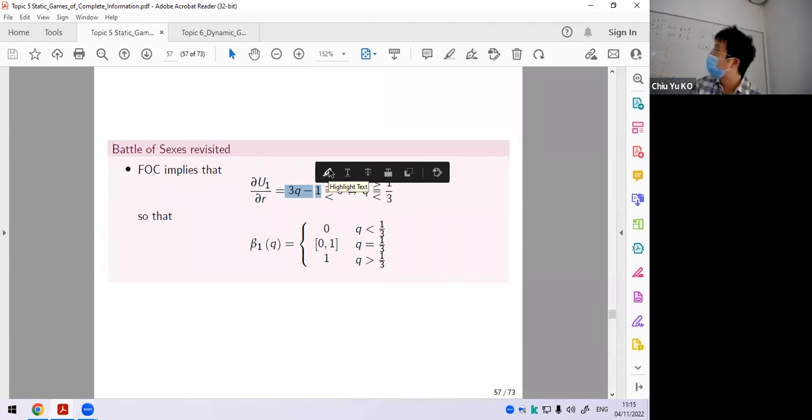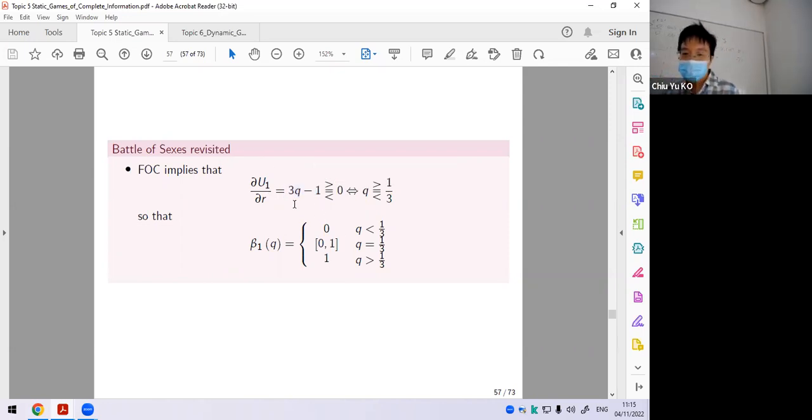So for player 1, okay? In this particular case, here we don't have anything for R, right? So the FOC is independent of R, okay? It really depends on Q only, okay? And if Q is 1/3, R doesn't really matter because it's always 0, right? So it doesn't really matter which one you choose.